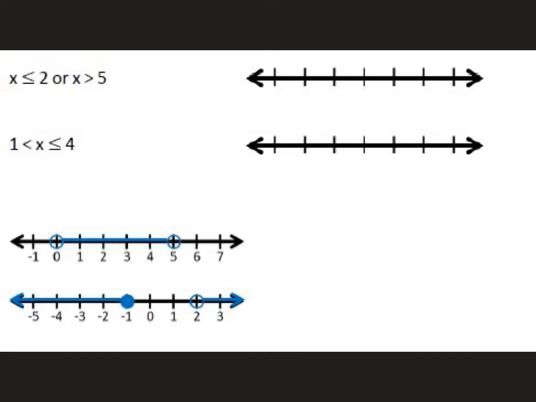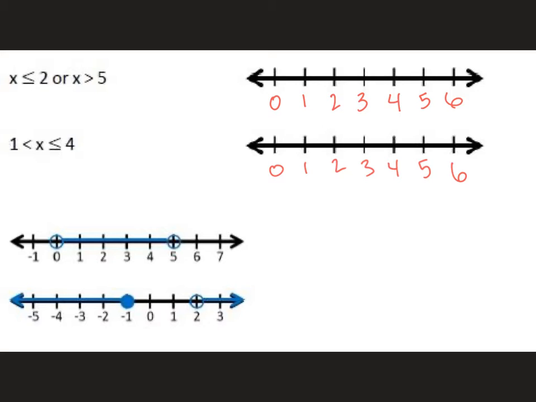You want to make sure you've got some labels on there so you know where you're starting and what your little lines represent. So we're going to start with x is less than or equal to 2.